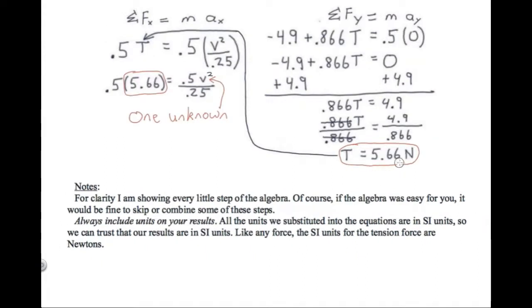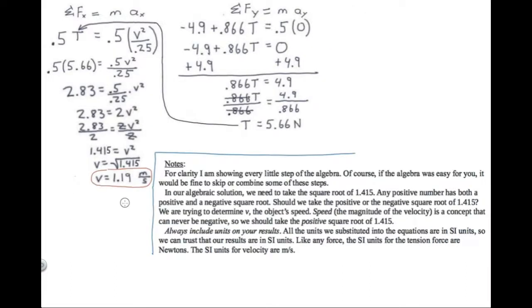Next, we substitute our result for T into the Newton's second law x equation. After we do that, the x equation now has only one unknown, v, so we're ready now to solve the x equation for v. Our result is that v equals 1.19 meters per second.